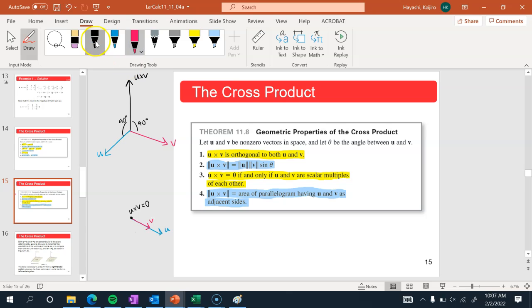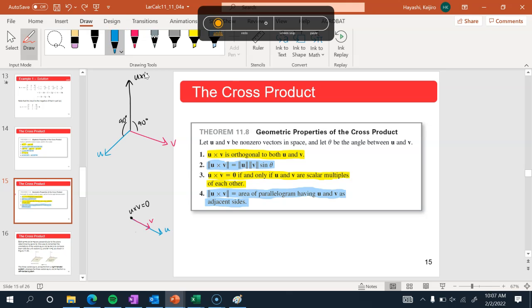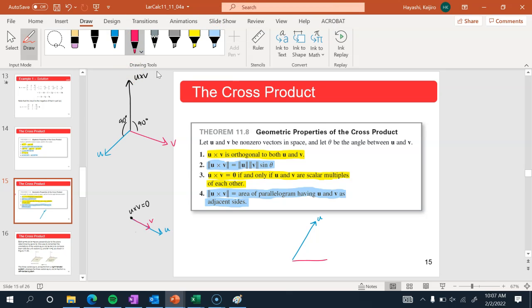So let's say that u is here and v is here. Now crossing them, I'm just going to say that comes out this way, towards the front. And this is supposed to be u cross v.